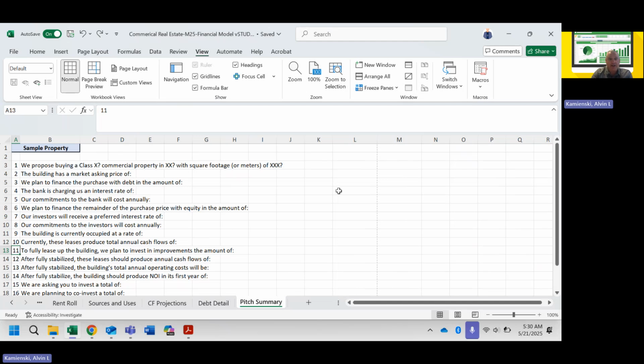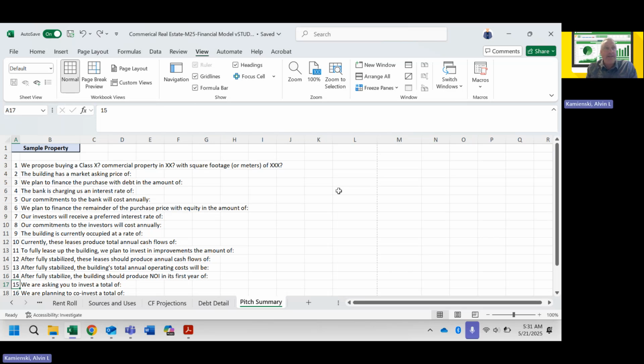But after we've done all that, we'll have a fully stabilized building where in 2030 then those leases should be producing from 1.19 million up to 1.6 million with our improvements. That will then give us total operating costs in that year of 1.2 million, which will give us then NOI of 700,000. Can you see the building in the future?